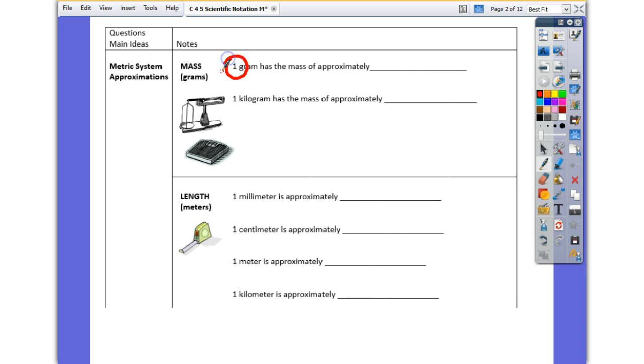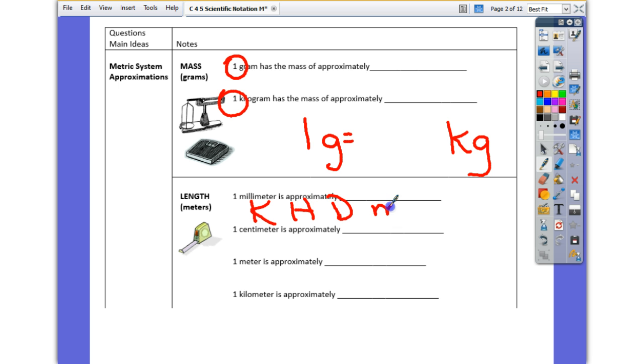So we know 1 gram is about a small paper clip. 1 kilogram then, because like I said, if I have 1 gram, that equals how many kilograms? Kangaroos hopping down mountains, drinking chocolate milk. If I have 1 gram, where's that at? Right here, liters, meters, grams. So I have a gram, I'm right here.